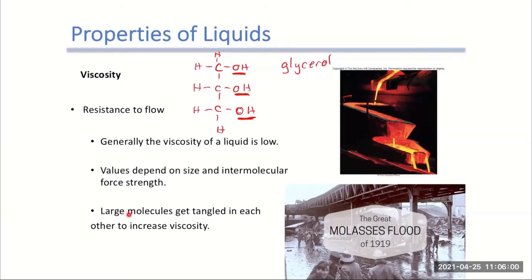And so the larger molecules also kind of get tangled with each other, and that helps increase the viscosity, which is how we ended up with the Great Molasses Flood of 1919. The Great Molasses Flood of 1919 is where a couple tanks of molasses holding thousands and thousands of gallons broke, and flooded the streets and actually ended up killing some people.